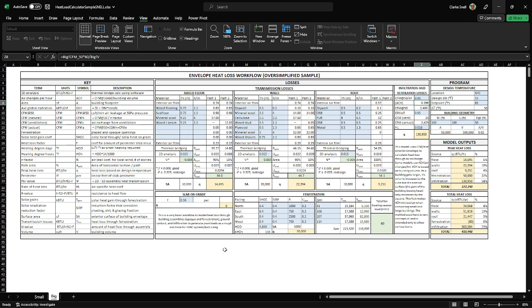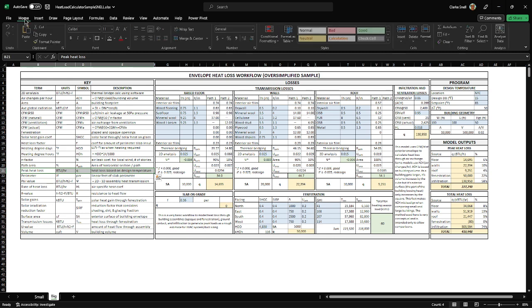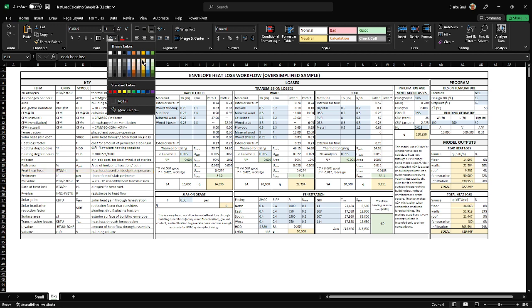What I've got here is a key on the left, so pretty much anything that I use as a symbol over here is described. And I'm actually going to color this because I think this is the most important one. Q is the main thing, peak heat loss, and these yellow cells are our Q values.